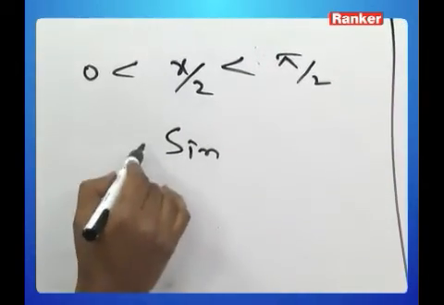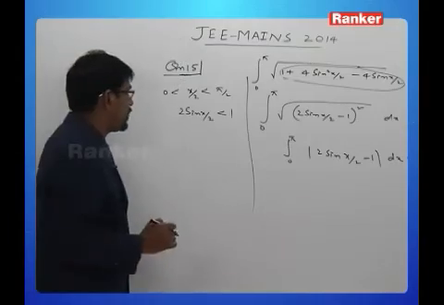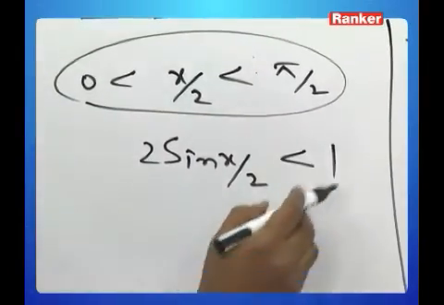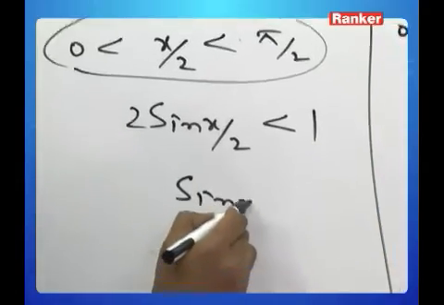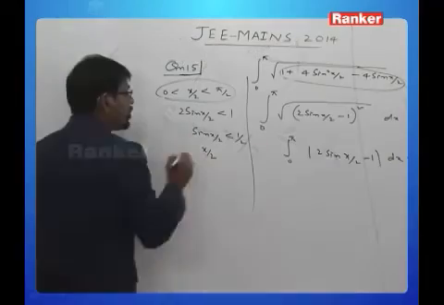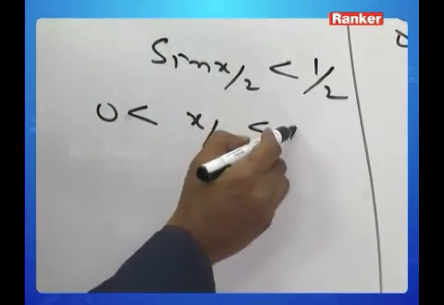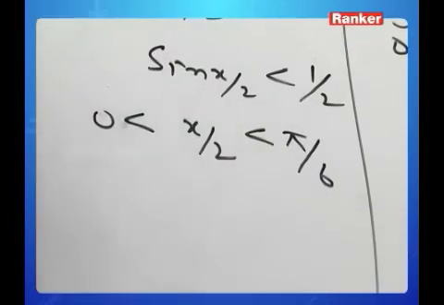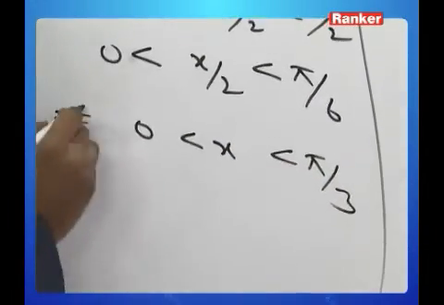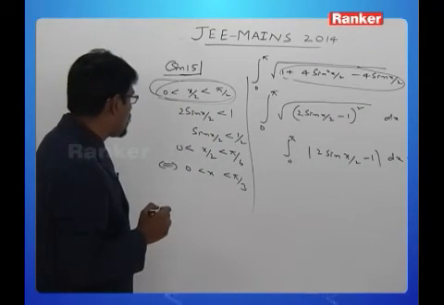Now 2 sine x by 2, when is it less than 1? Let's solve this within this domain. That means sine x by 2 has to be less than 1 by 2, which means that x by 2 will have to be between 0 and pi by 6. That is, x has to be between 0 and pi by 3, because we are restricting ourselves to the interval x by 2 lying between 0 to pi by 2.